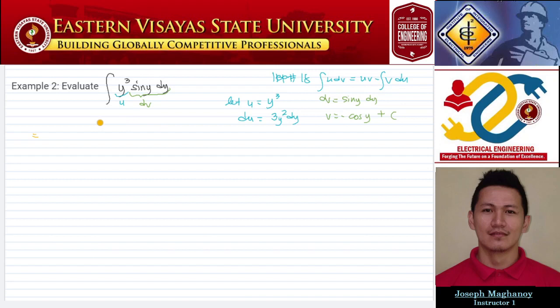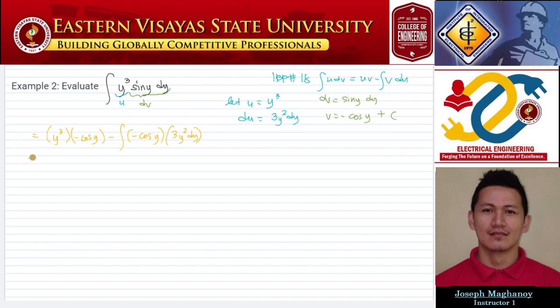So first our u, y cubed, our v, negative cosine y, minus integral of our negative cosine y, and your du, that is 3y squared dy.